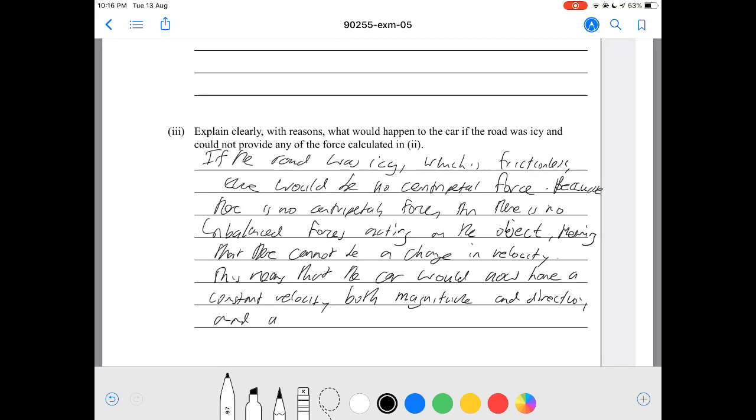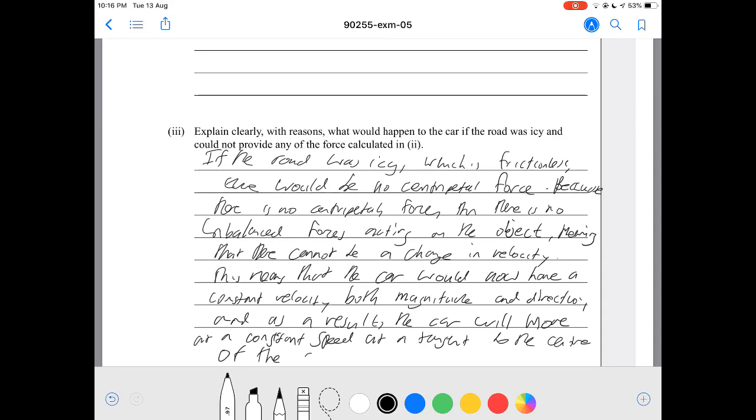And as a result, the car will move at a constant speed at a tangent to the center of the circle.